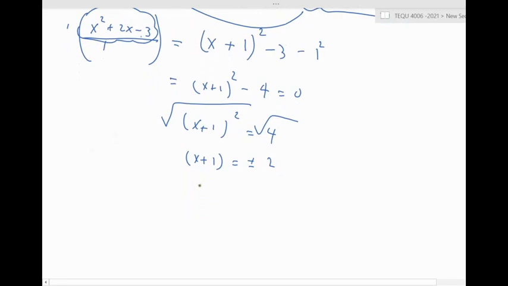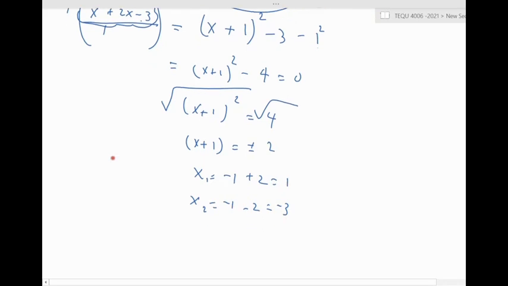So x equals minus 1 plus 2, which is 1, or the other root, minus 1 minus 2, which is minus 3. So you got the two roots there.